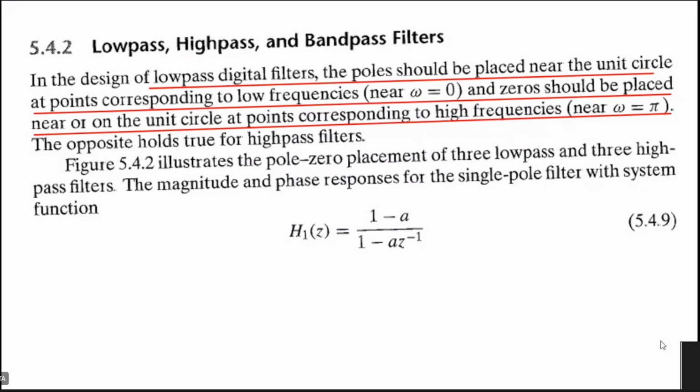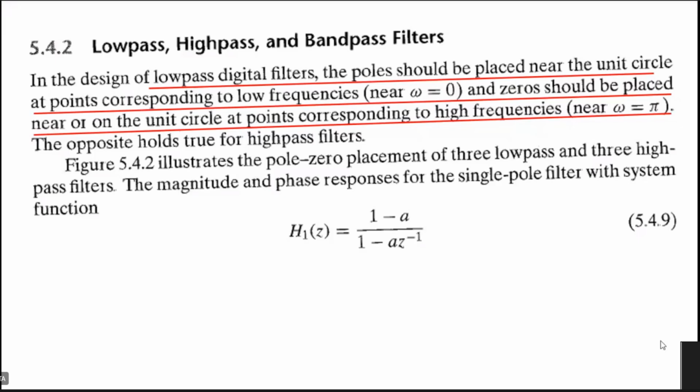So we are discussing how to design low pass and high pass filters by placing poles and zeros, and further, to determine the transfer function or impulse response in the Z domain.